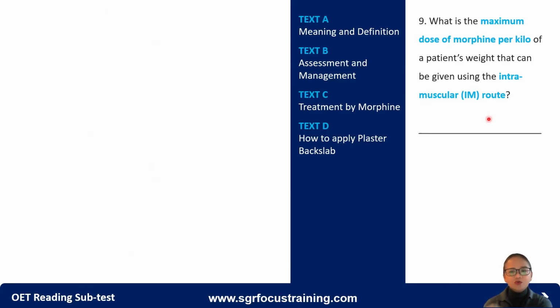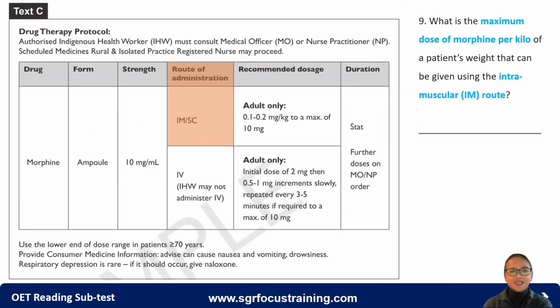Just from that alone, we know we're going to go to text C, treatment by morphine. So now that we are on C, we're looking for the dosage maximum. And then the other clue we were given is that it needs to be IM route of administration. So that means we focus on the IM only. We're not going to look on the IV part, only focus there.